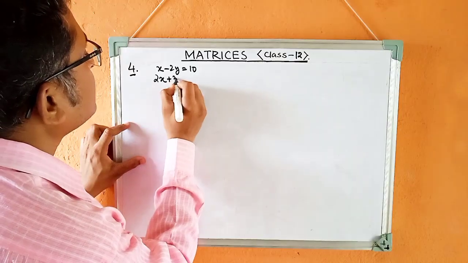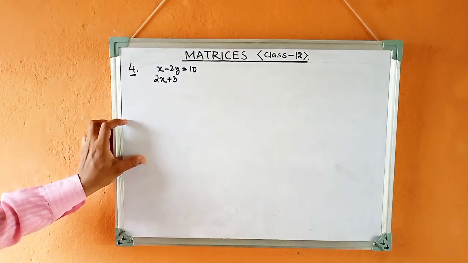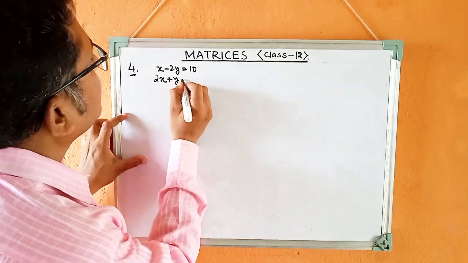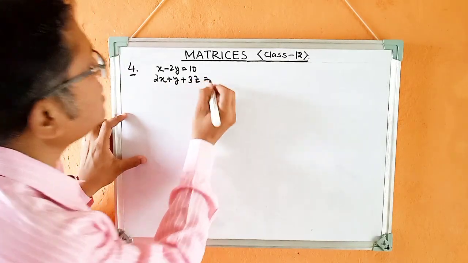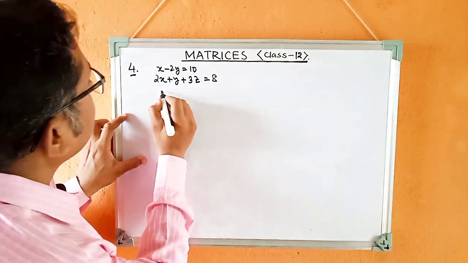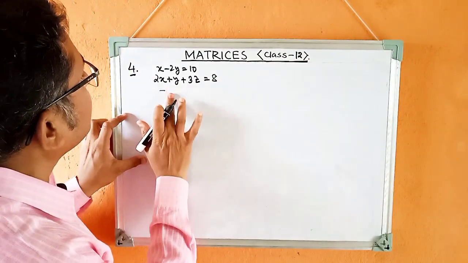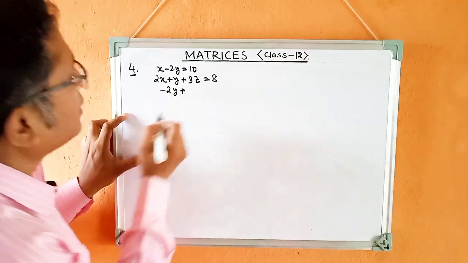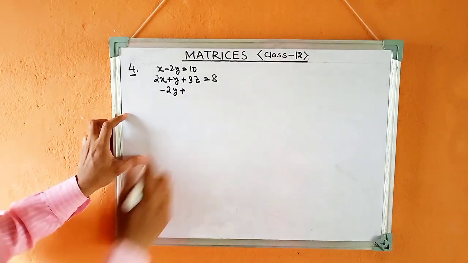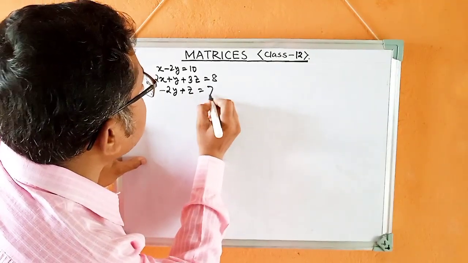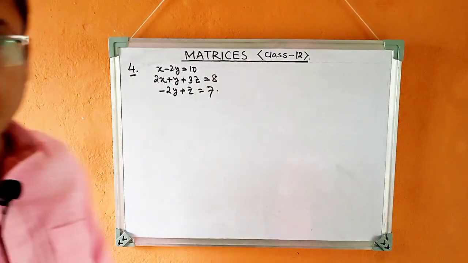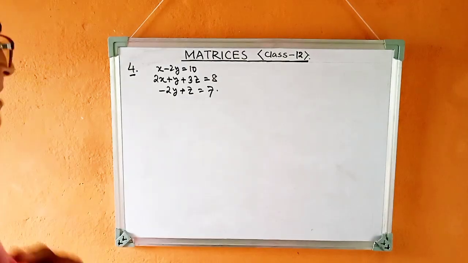Then minus 2y plus z equal to 7. Okay, there are three linear equations given.